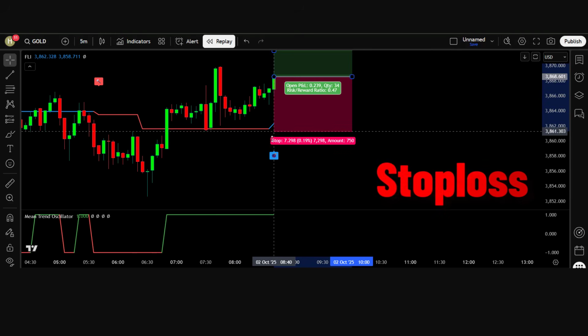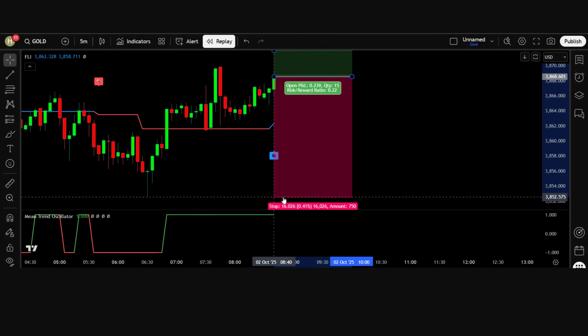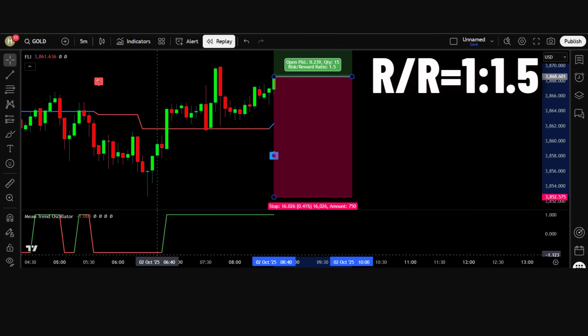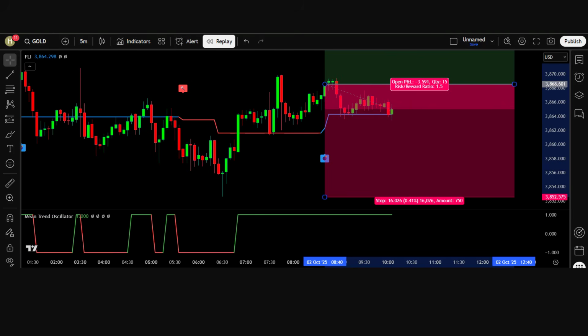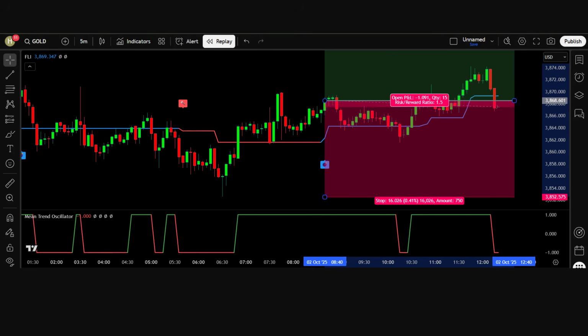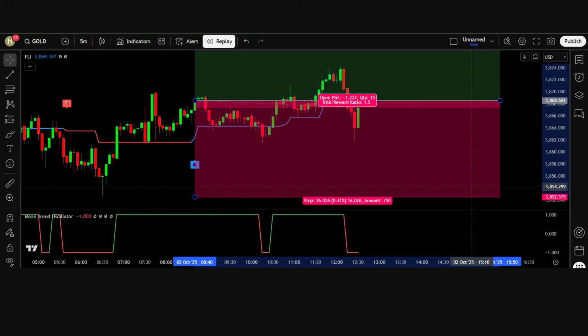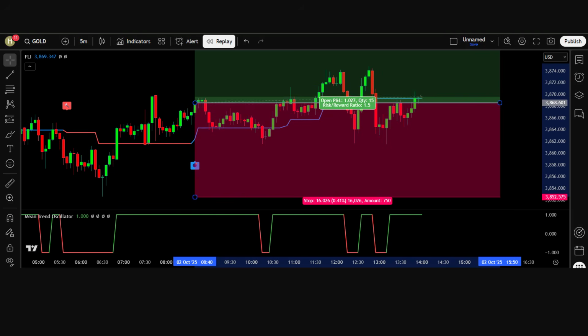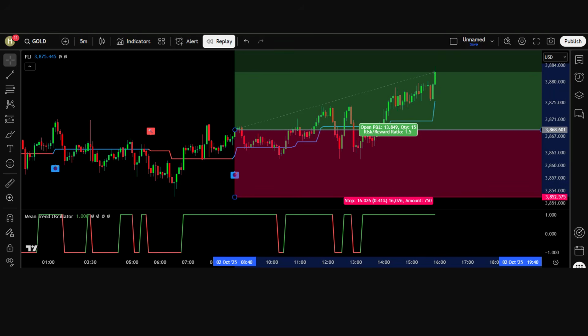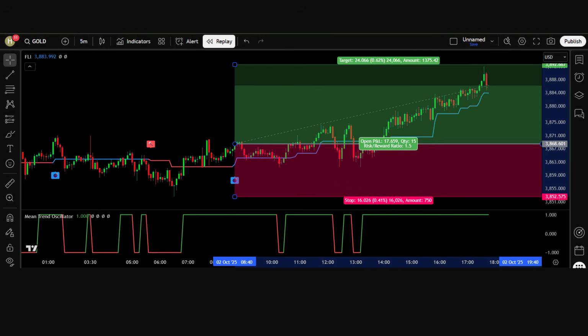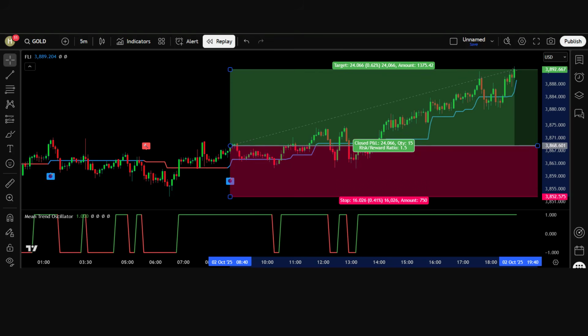Place your stop loss at the current market's lower level with a 1:1.5 risk-reward ratio. The market has completely hit the target.